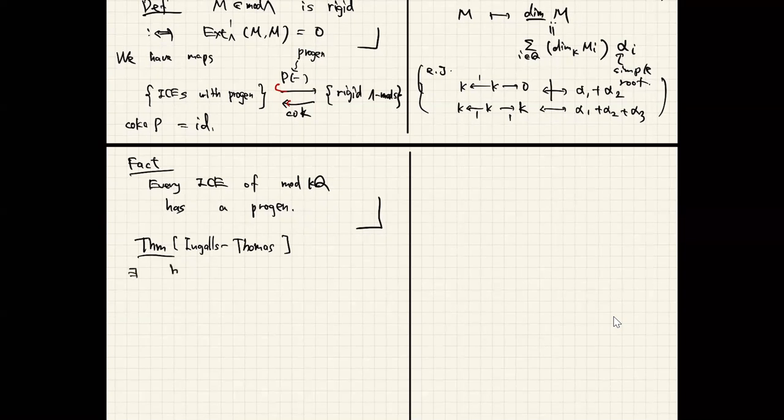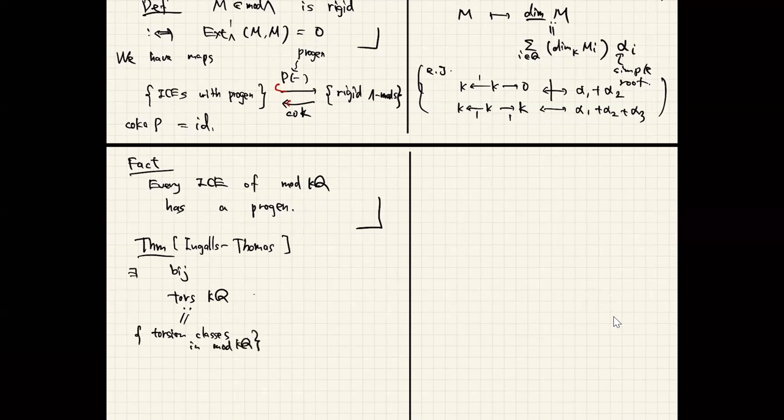So there exists a bijection between torsion classes of KQ. So tors KQ means the set of torsion classes in mod KQ.